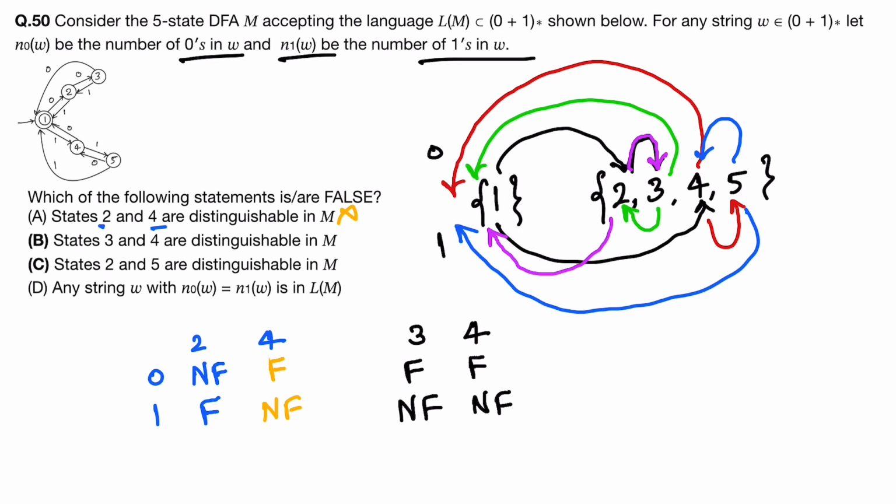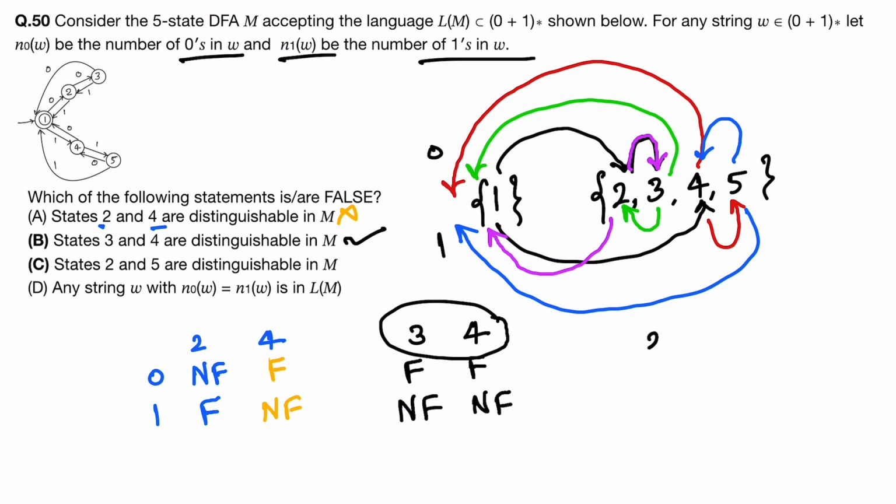So see, this is not distinguishable. States 3 and 4 are written as distinguishable. This is a wrong statement because they are non-distinguishable. We can combine both states into a single state.